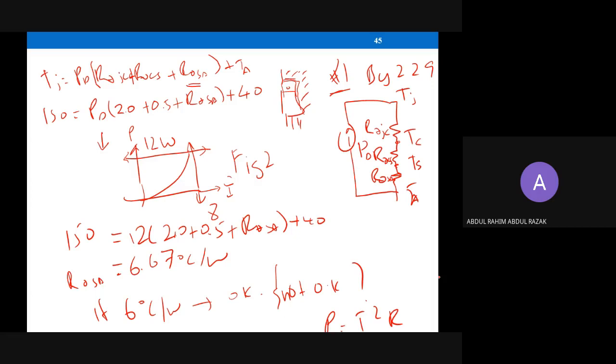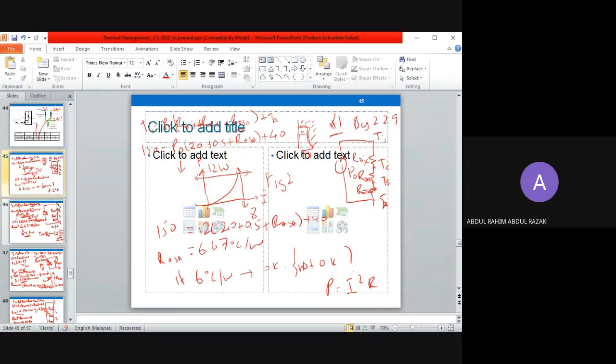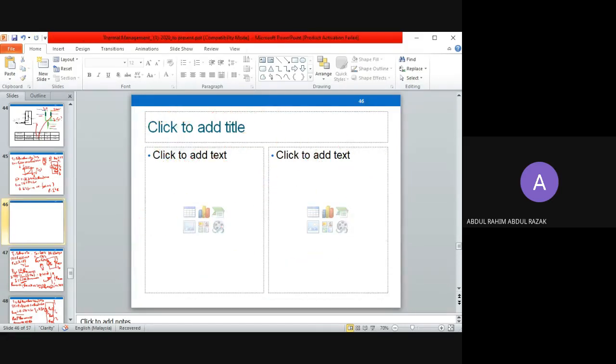The function is the same, but when you involve a different manufacturer, you have to refer to your dedicated manufacturer's datasheet. So we go to datasheet number 4. Okay, now we are talking about IRF 630.